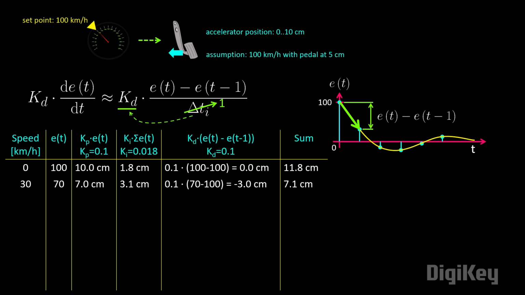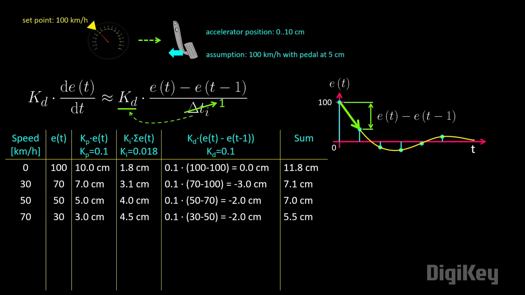We repeat this procedure and we see that we've dampened the pedal position again to 7 centimeters. At 70 kilometers per hour, our derivative controller output is again minus 2 centimeters, which makes the total 5.5 centimeters. We still have the pedal pressed more than what we want to cruise at, but it means we're accelerating.